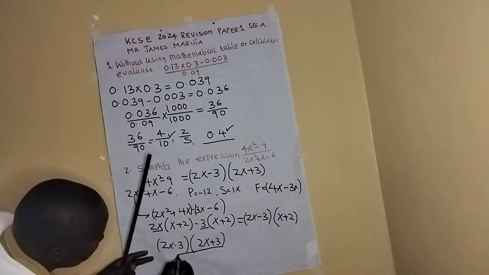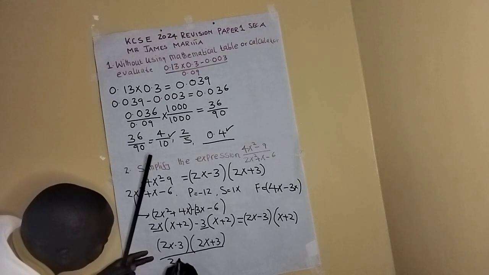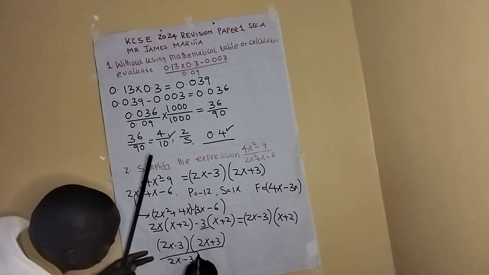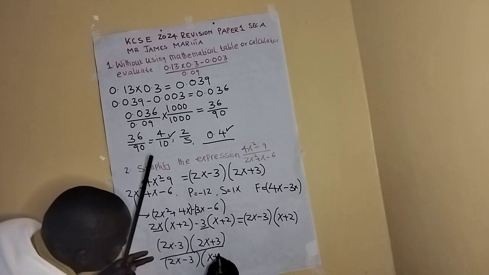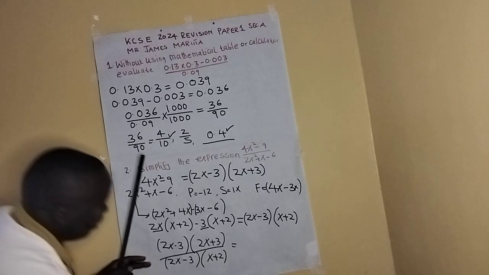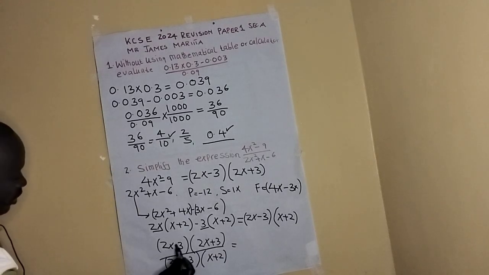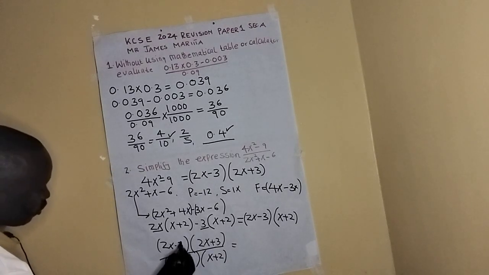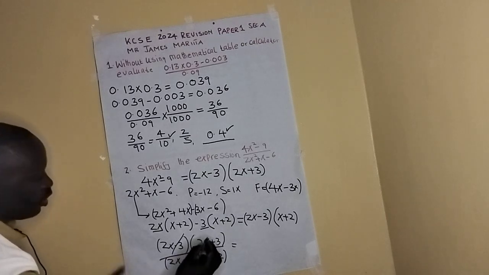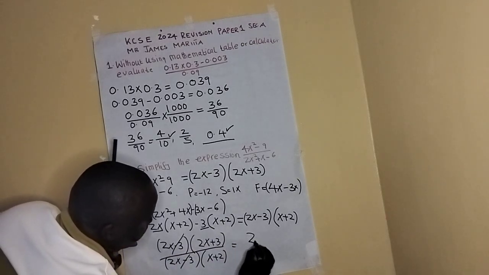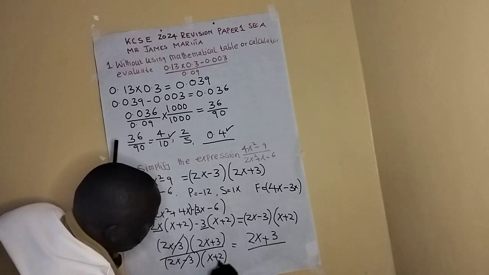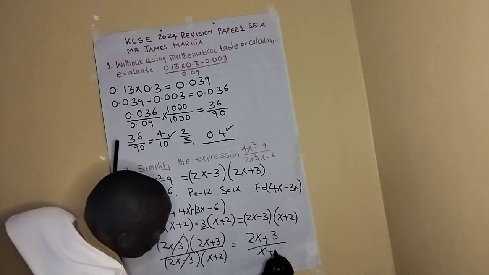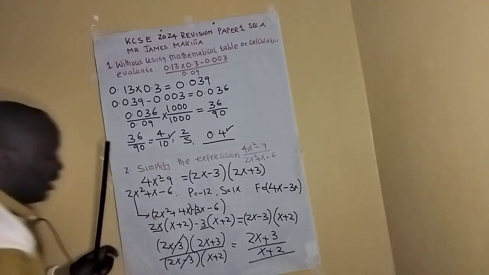So we can divide these. You can see now 2x minus 3 is common here, so we can remove it from both. Then we remain with 2x plus 3, and you divide by x plus 2. That's how you can simplify this expression.